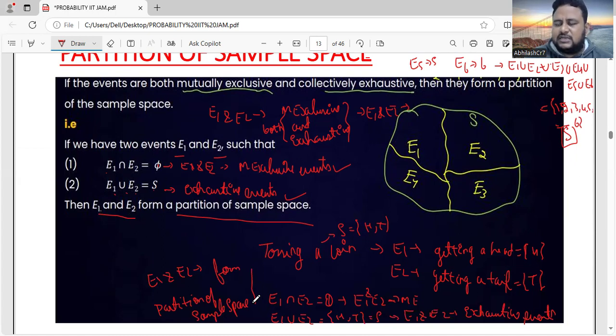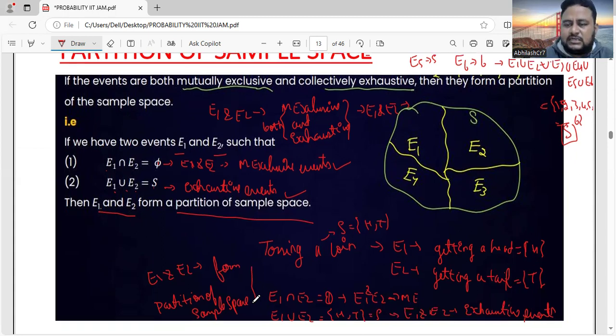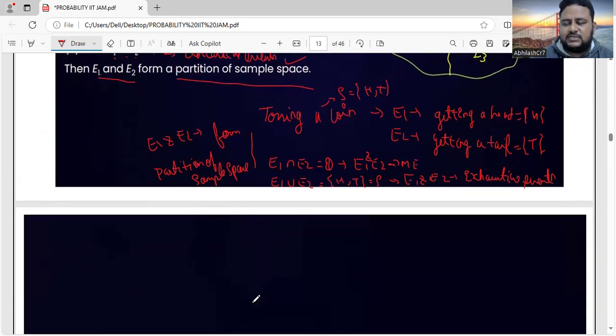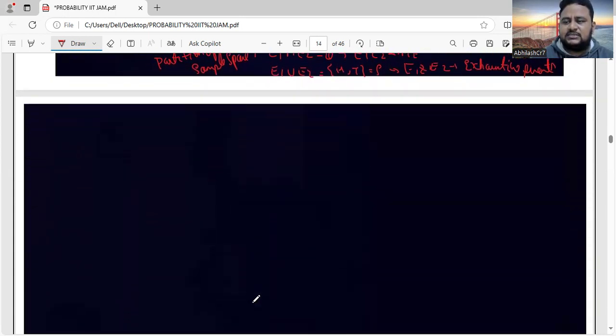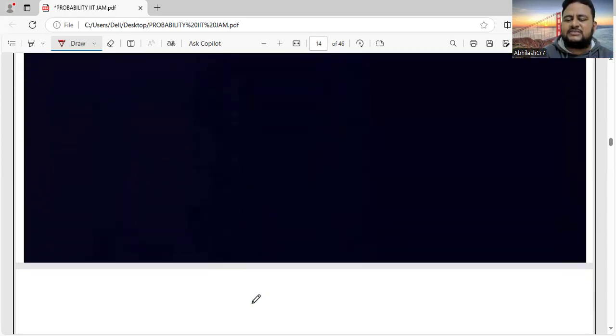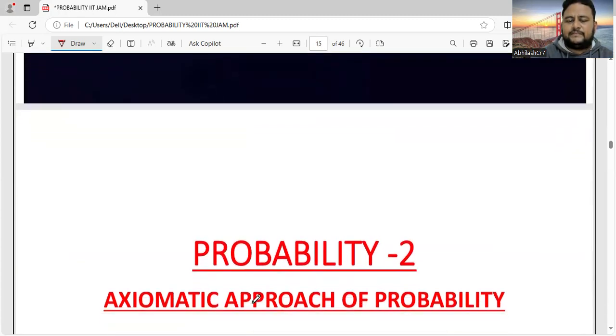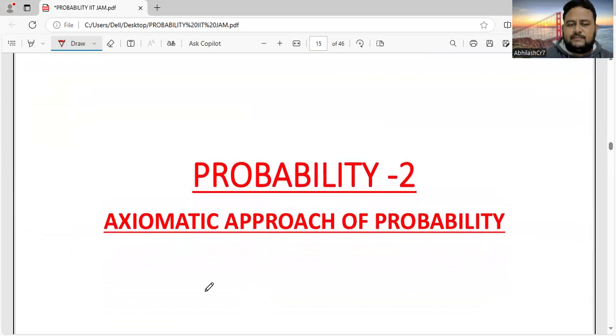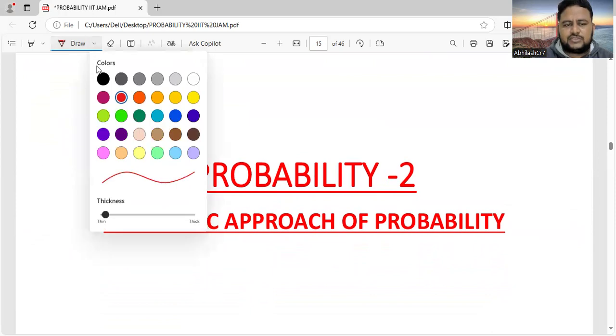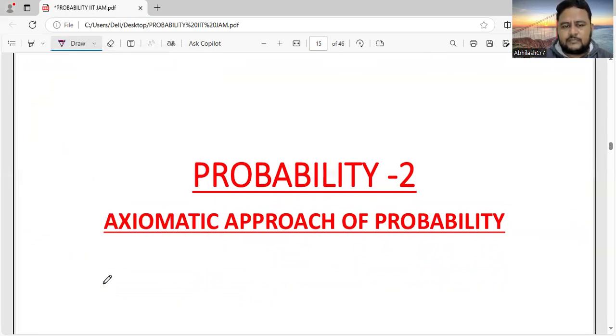So next let us move to our important topic of discussion, that is the axiomatic approach to probability.